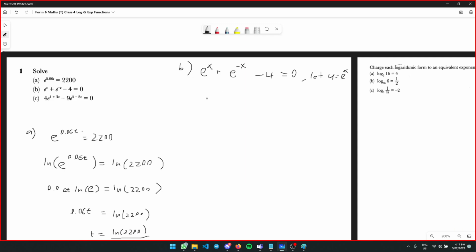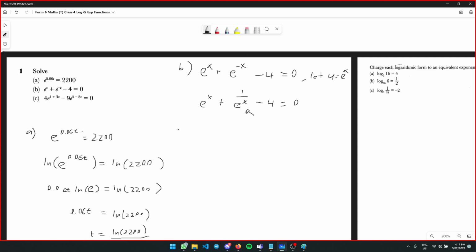By letting u equal e to the x, this becomes e to the x plus 1 over e to the x minus 4 equals 0. Let's try to get rid of this fraction. How can we get rid of this? We can multiply the whole thing by e to the x.